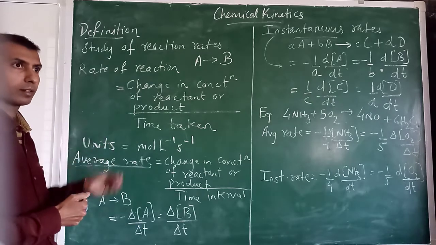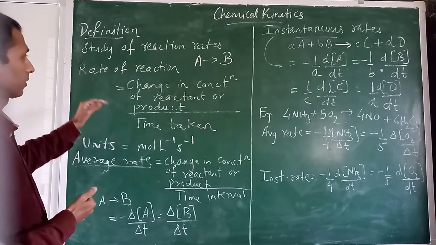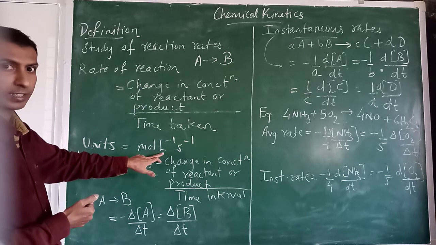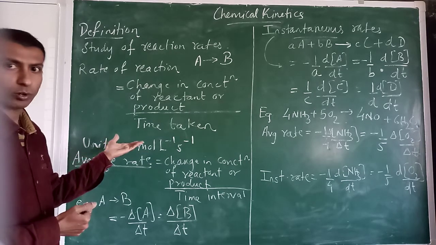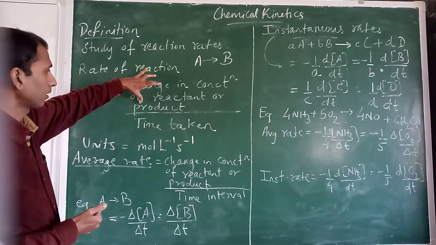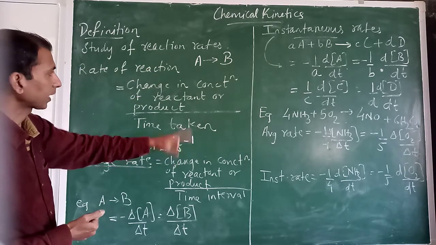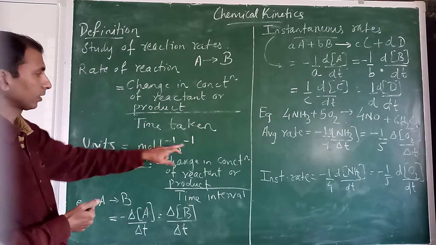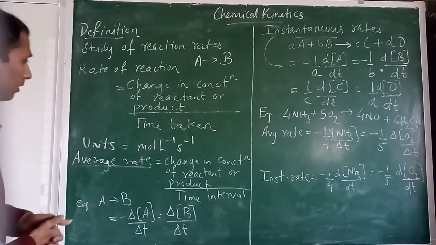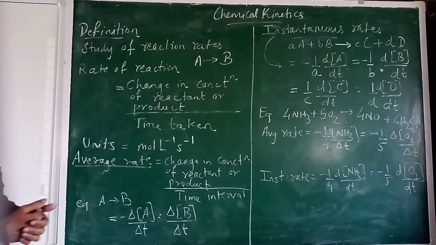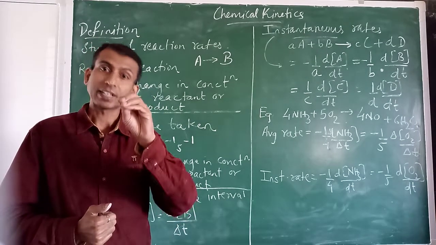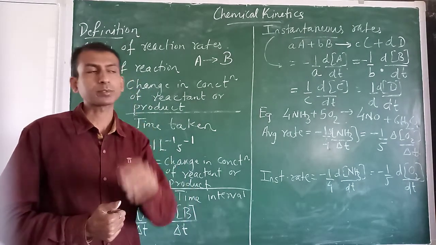Simple units for rate: when we just observe this equation, we get moles per liter, which is the unit for concentration term, and per second because time is considered and it is present in the denominator, so per second. But what we have to study in detail here is the types of rates of the reaction. There are two types we have to study.